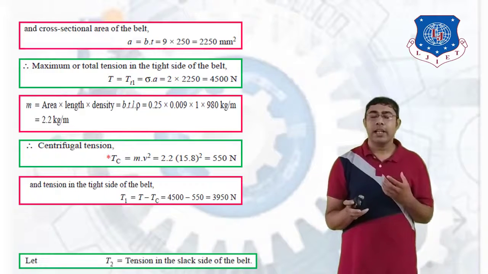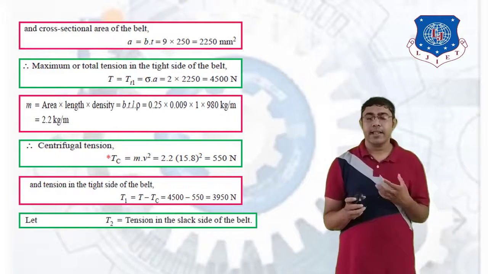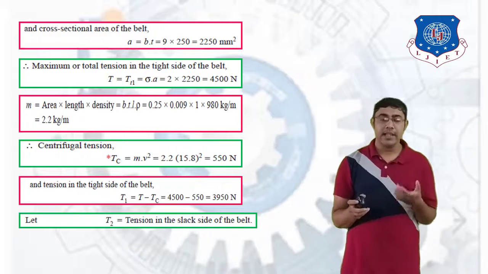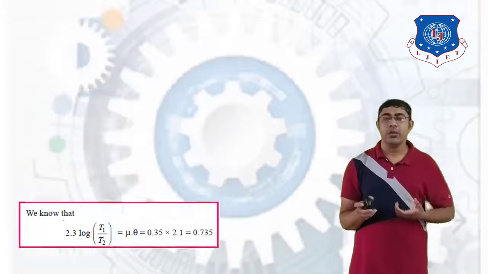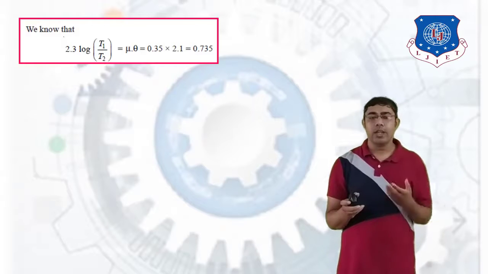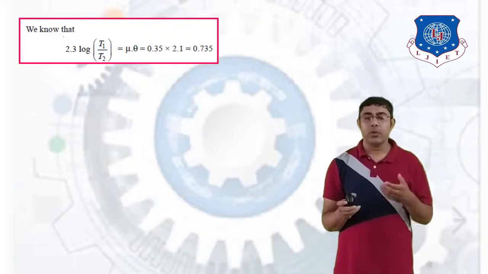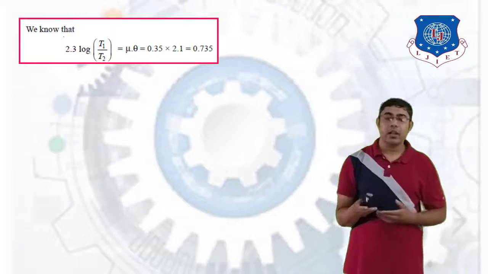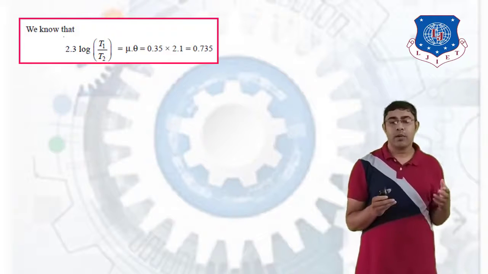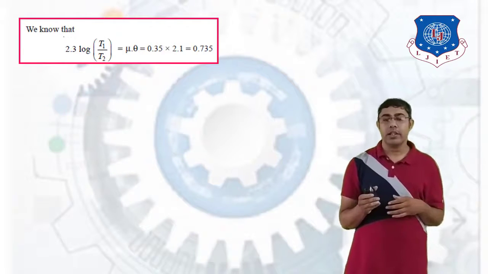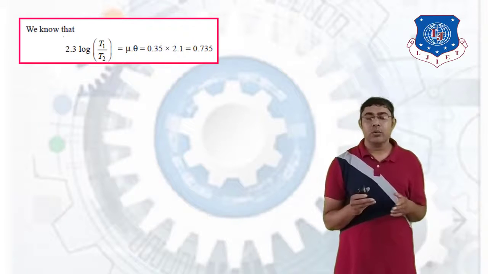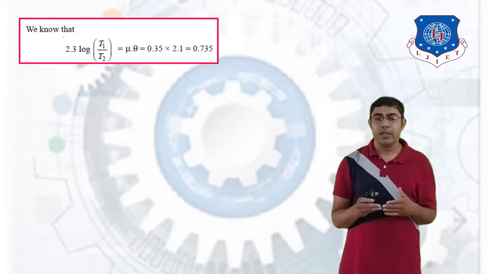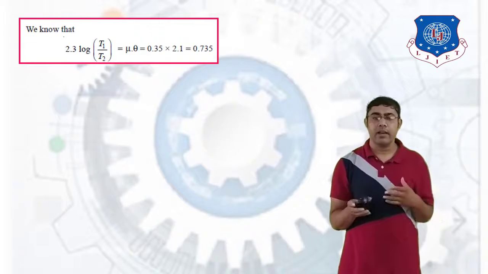Now we have to calculate the T2, that is the tension in slack side, and we know the relationship between T1 and T2, that is 2.3 log T1 by T2 is equal to mu into theta. Here mu and theta are given in the problem, that is mu is 0.35 and theta is 2.1. So we get 2.3 log T1 by T2 is equal to 0.735.